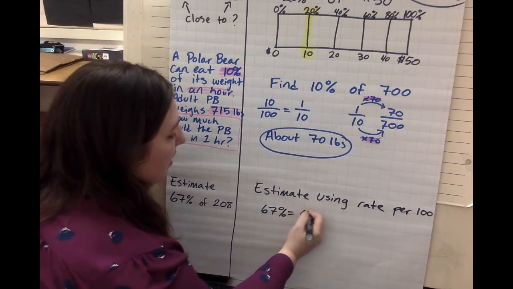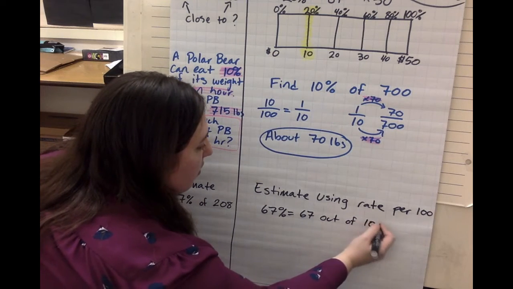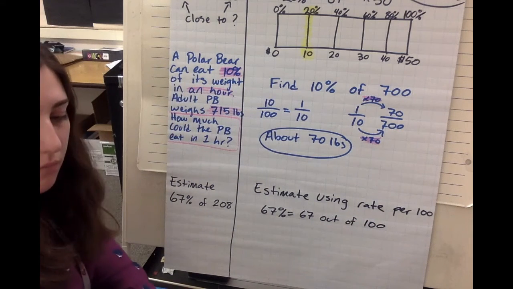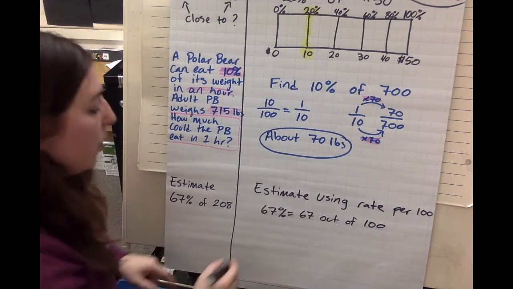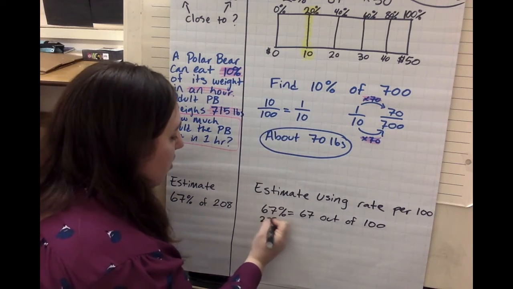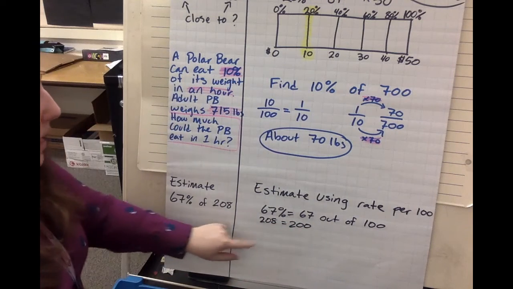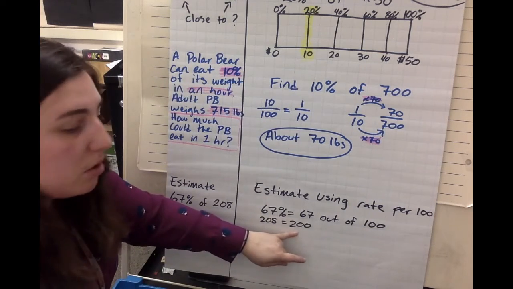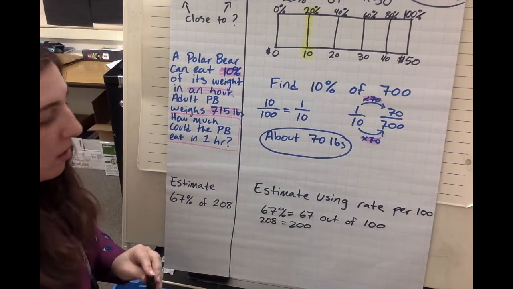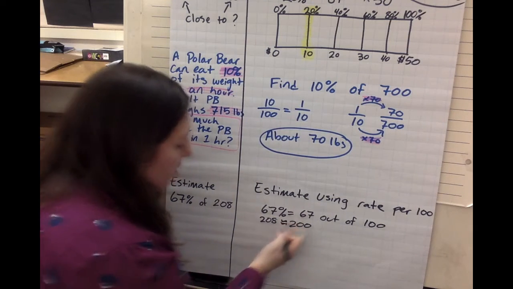So that's the same as 67 out of 100. Okay, and then 208, this number, we're going to round to 200. Okay, 208 is pretty close to 200, and we're estimating, so that's why we rounded it to 200. And I'm going to say about, so you should have the squiggly lines.